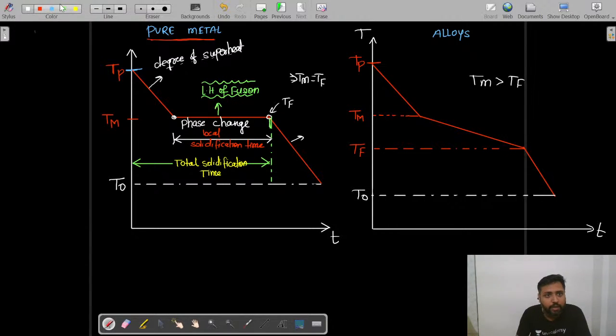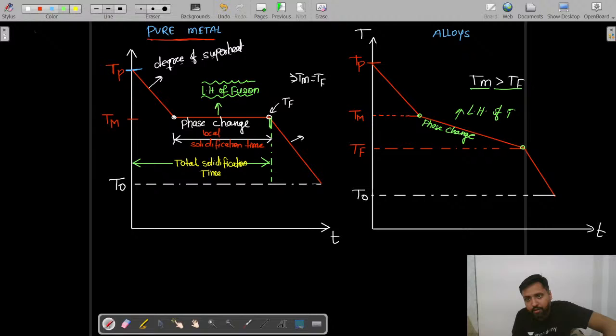This is where actually the phase change is happening, and this phase change phenomenon will happen in a range of temperature. Which range? Between Tm and Tf, where Tm is the melting temperature and Tf is the freezing temperature. Yes, dear students, very much clear to all of you. And here also this latent heat of fusion will come out.